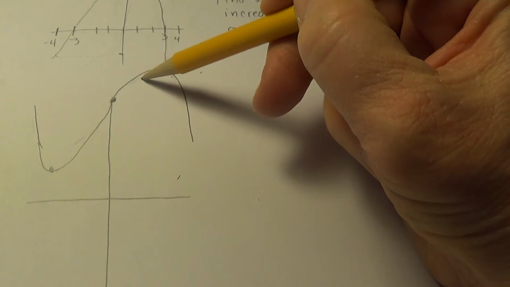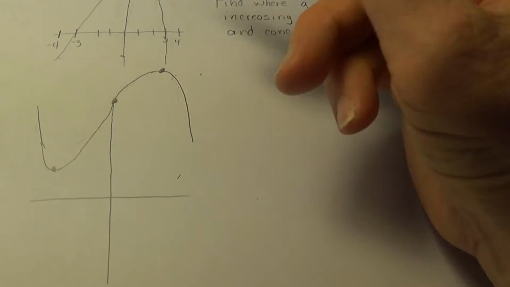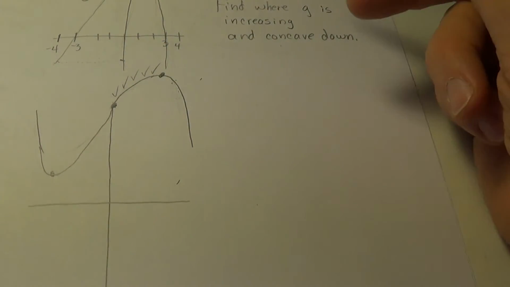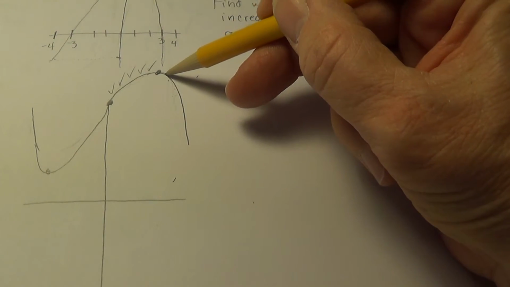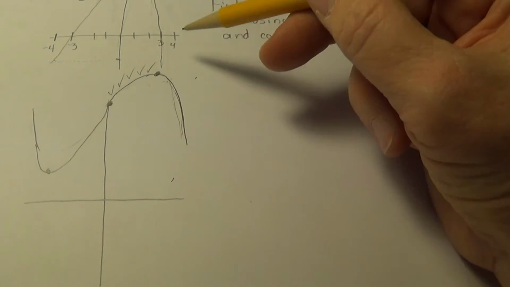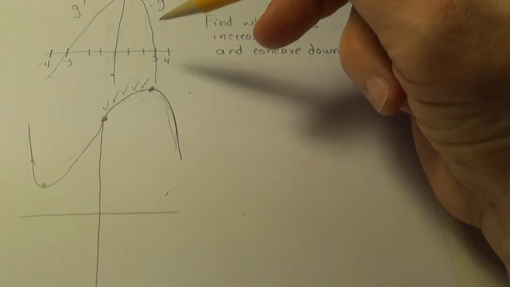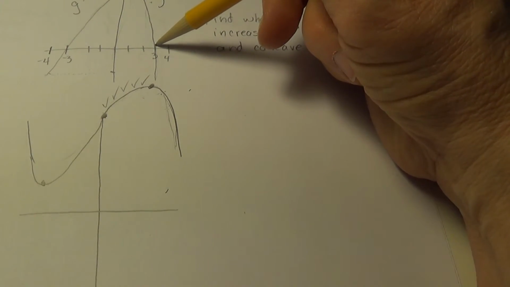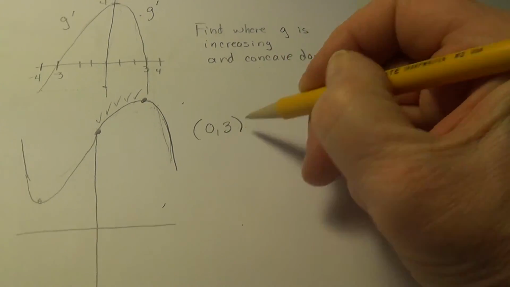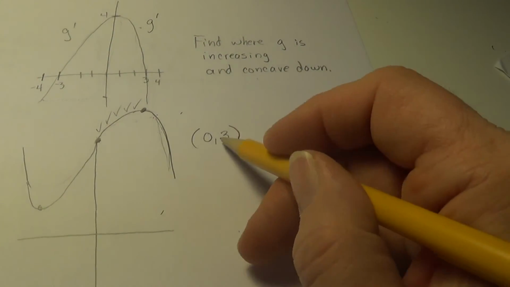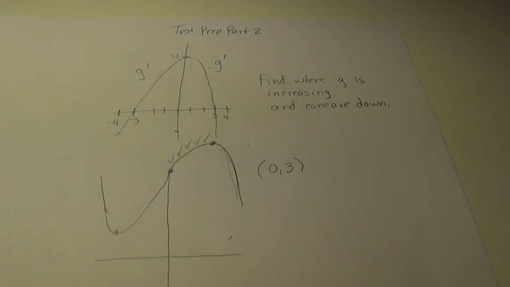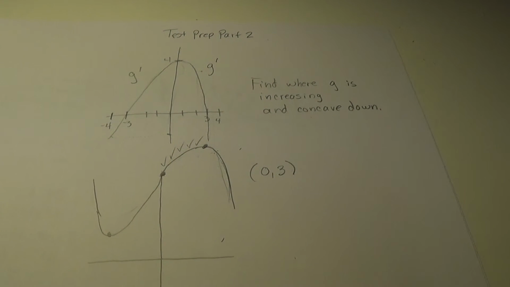At this point, look at that: it is increasing and it's frowning. So that is the area that answers the question. Then it's still frowning, but it's decreasing. So what I'm looking for is this area right here, which I believe is between 0 and 3. Actually, on your paper it might be a little different, but whatever your paper says, mine is a rough sketch of what your paper said.